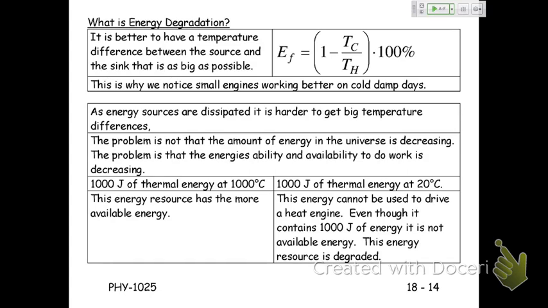Energy degradation. This is a philosophical bit. Basically, you can't have a heat engine without a hot bit, and you can't have a hot bit without having concentrated energy. So things like coal and natural gas and nuclear power are incredibly valuable because they are local concentrations of energy. Well, the sun is also a local concentration of energy.